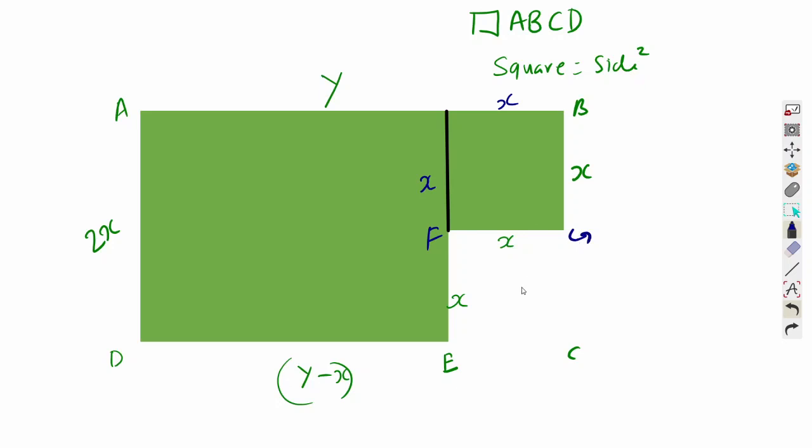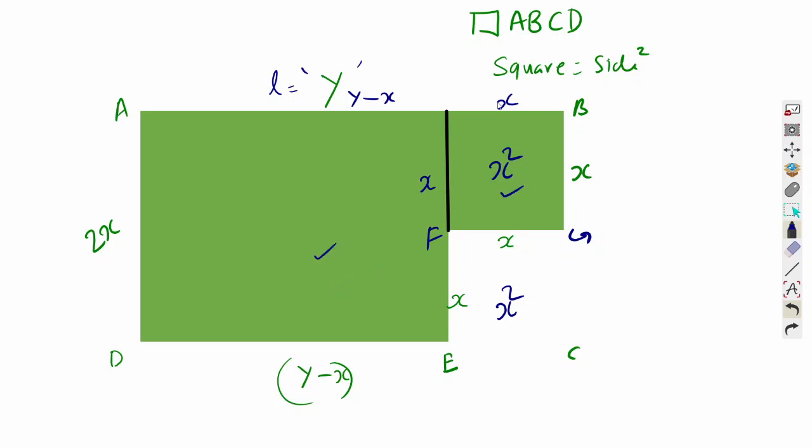If I ask you what is the area of the remaining portion, this will be equal to x into x, x square. What is removed is also x square. This part is equal to, suppose length is equal to y and this much is y minus x, correct? And this is also y minus x. So I am having two parts here. This is x square part and this is another rectangular part.